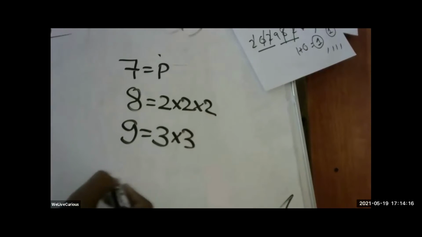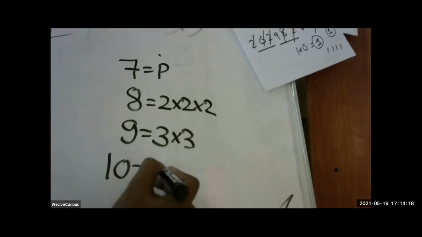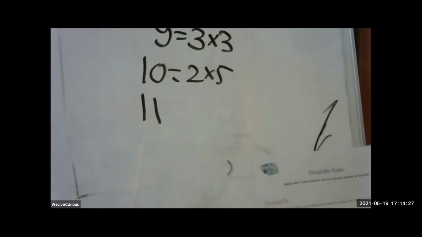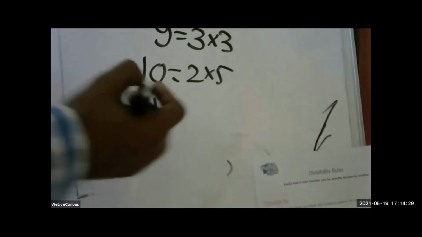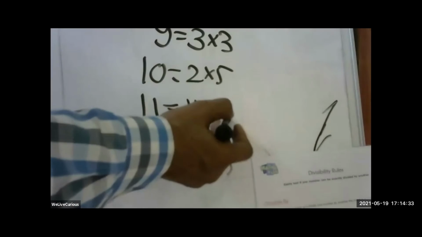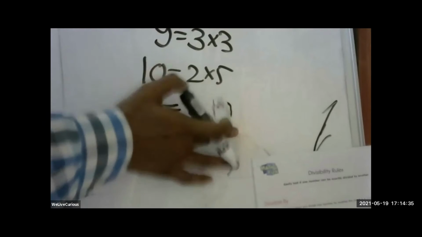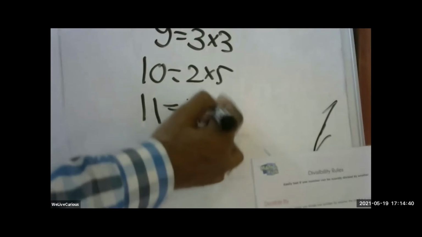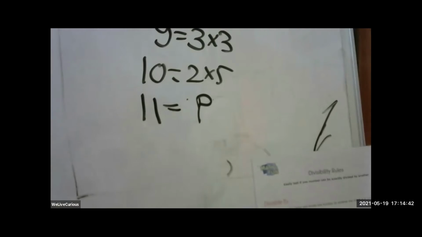It is 3 multiply 3. Can we write 10? It is 2 multiply 5. Can we write 11? 11 cannot be written because 11 is 11 multiplying 1 only. But 1 we have to ignore. 1 we never use. So straight away 11 is again a prime.